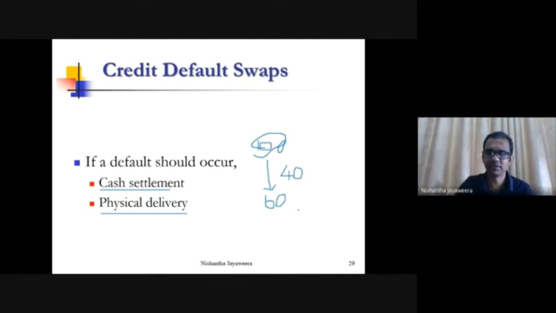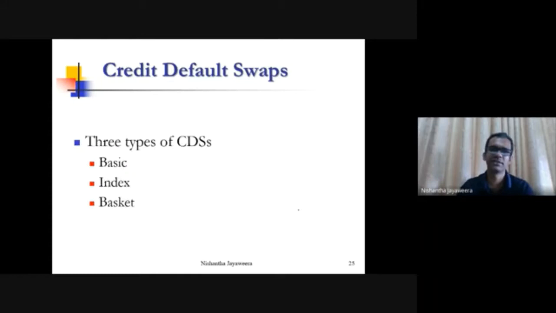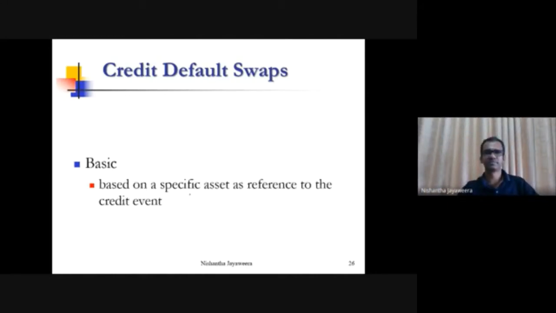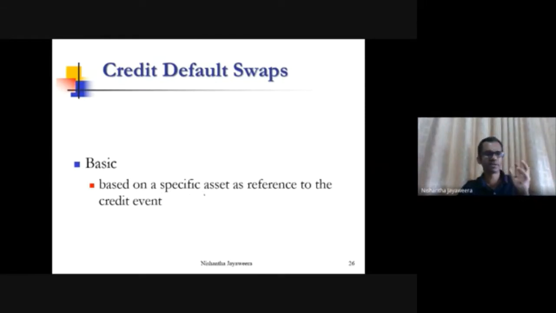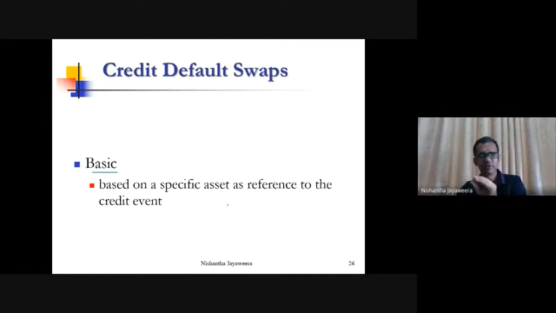And not only that, a CDS for the same entity can be done in different ways. The basic three types are the basic, the index, and the basket. In the basic, you refer to a particular asset, maybe a particular bond. There may be a company or entity which has issued, say, 5 bonds, but in a basic credit default swap, you specifically mention this is the bond, or this is the asset that we are referring to.